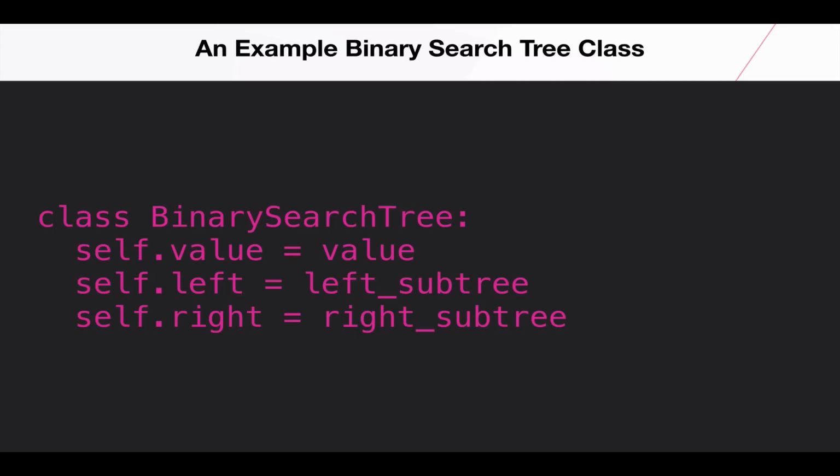On the left side, it's going to be the root of the left subtree. Conversely, self.right, on the right side of our node, is going to be the root of the right subtree. And that's how we might encapsulate the binary search tree class, or a single node in a binary search tree, into a self-contained class.